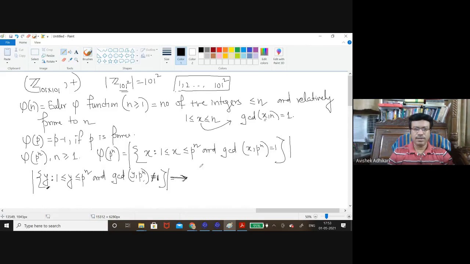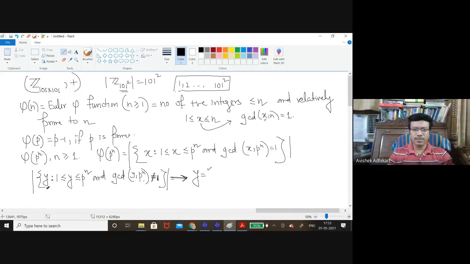Can anybody tell me some speciality of y with respect to p such that GCD is not equal to 1? Since p is prime, y must be of this form: y must contain p as a factor. That's why they are not relatively prime.